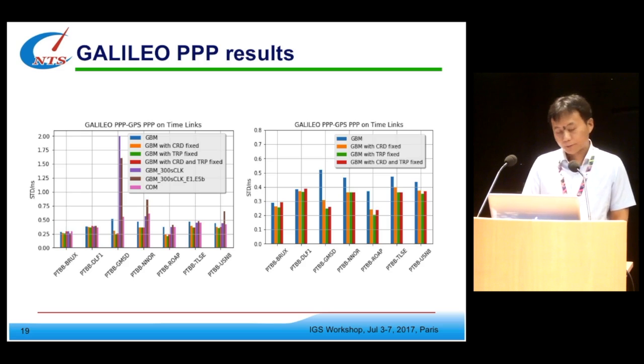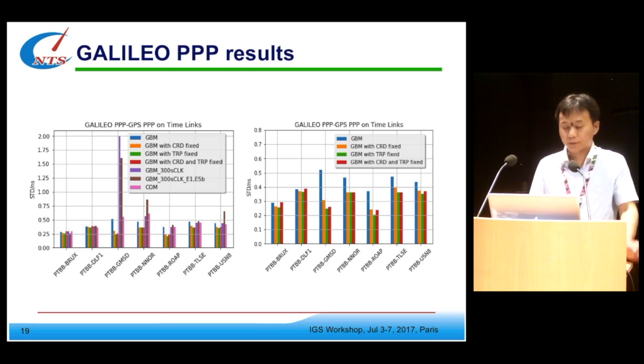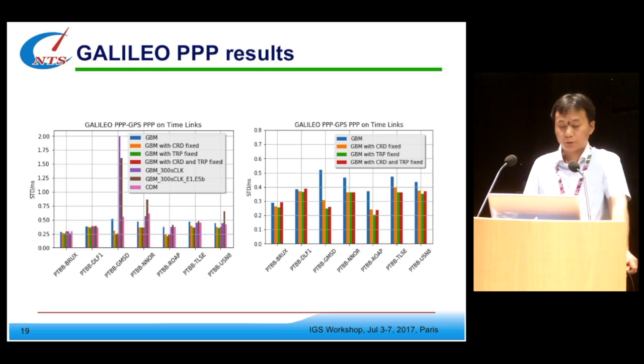We can see that the overall result is less than 0.5 nanoseconds. And the right graphic shows the troposphere fixed solution has the best results compared with the GPS PPP.